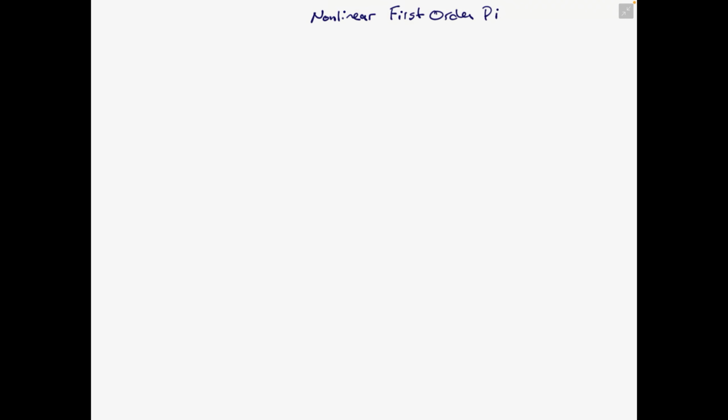Now in our second case, we're looking at nonlinear first order differential equations, and they're a special type of first order nonlinear, this is our second case, called Bernoulli equations.